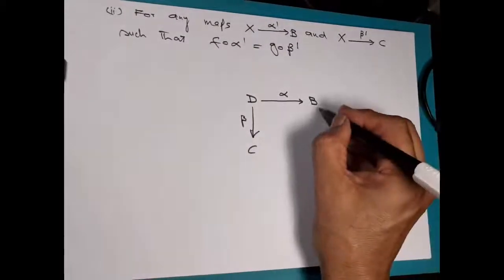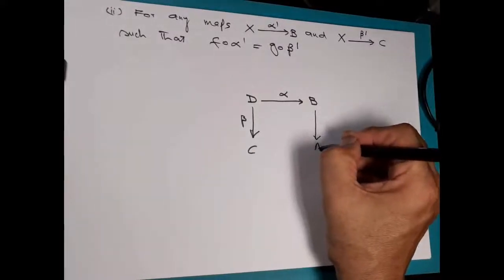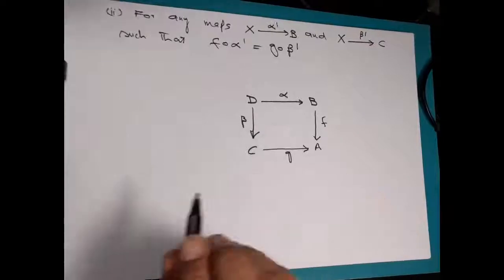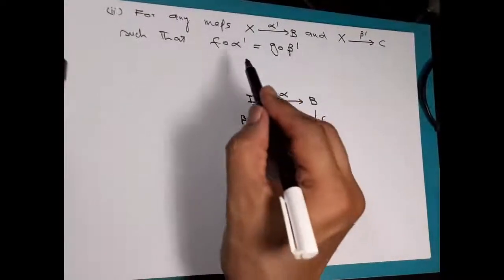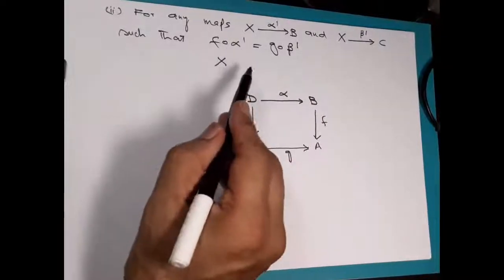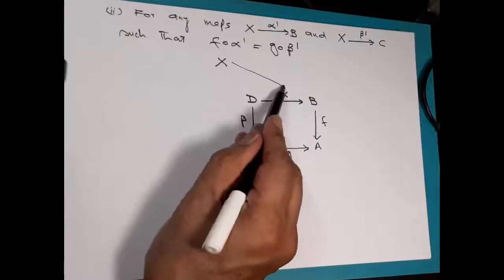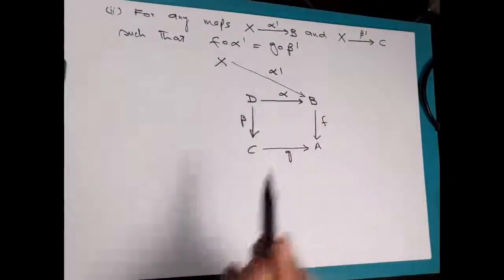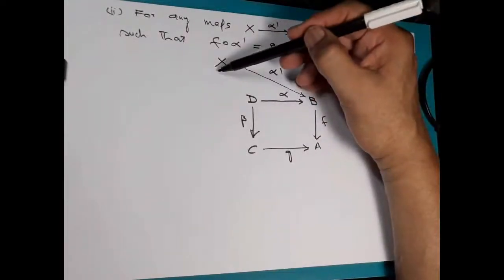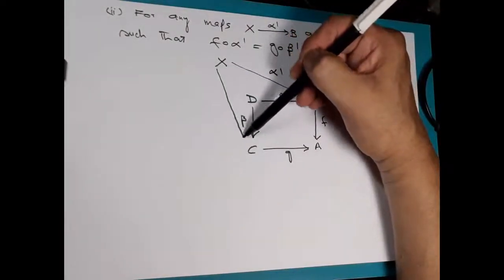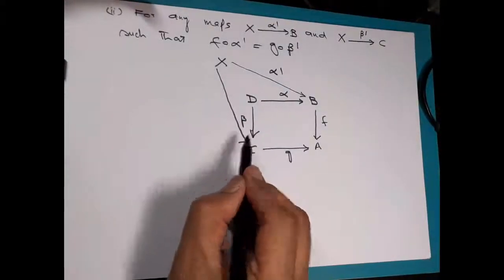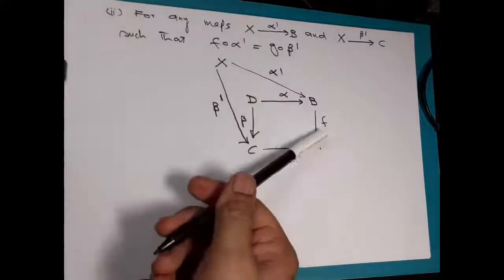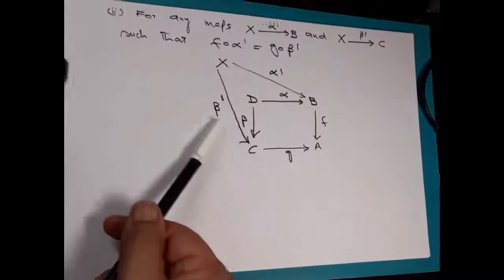Then we have an arrow from B to A, which is F, and an arrow from C to A, which we denoted by G. Now if there is an object X and arrows from X to B, this arrow is alpha dash, and an arrow from X to C, this arrow is beta dash, such that F composed with alpha dash is equal to G composed with beta dash, this condition.